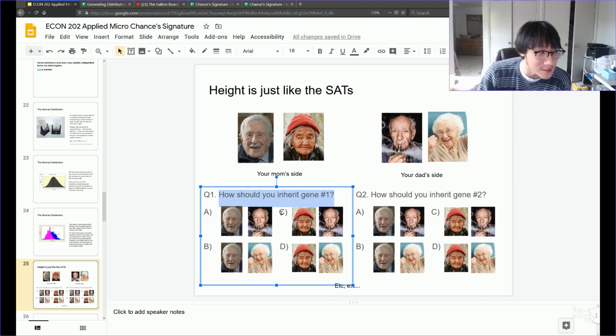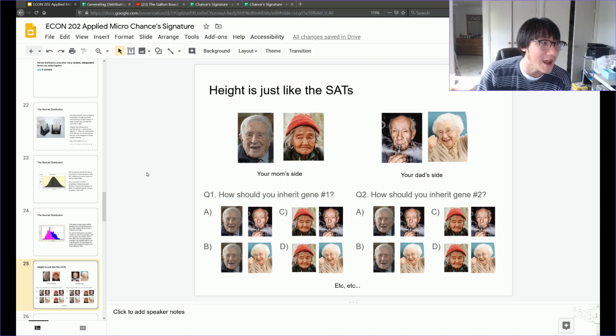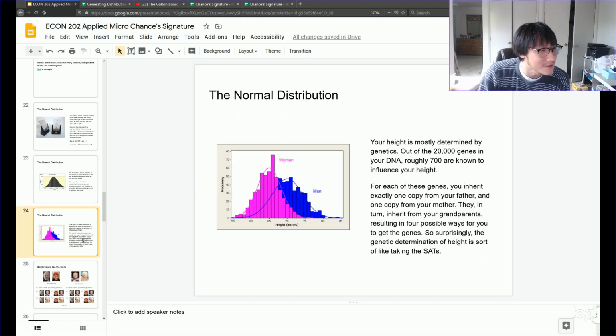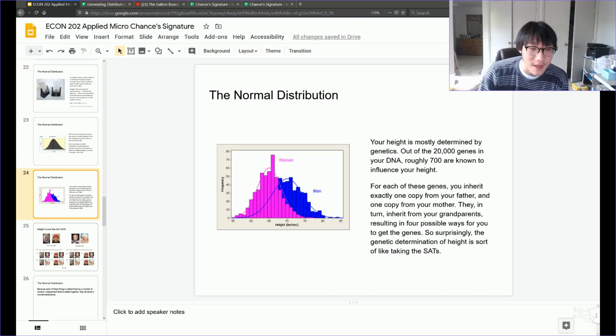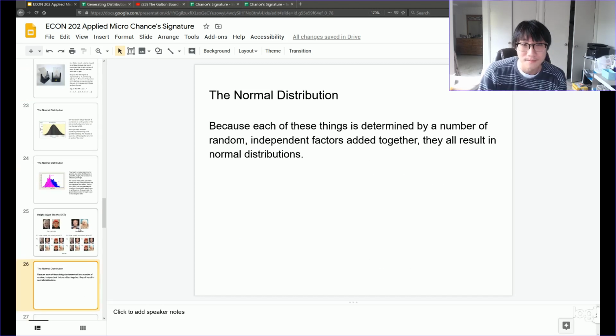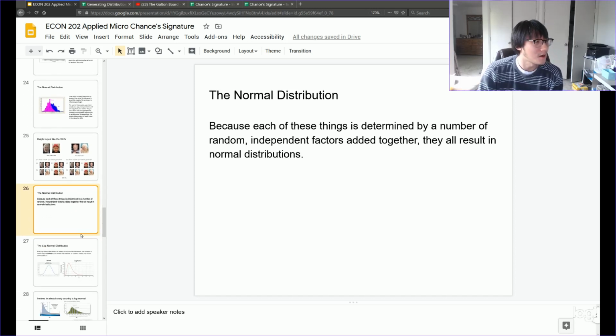And for each of those SAT questions, it chooses how that particular gene is going to be inherited, whether it's going to be inherited from one combination of your grandparents or another. So in this case, height is a lot like the SATs, and the SATs are an example of the sum of a bunch of random choices. And so once again, here with height, we have a normal distribution. Hopefully that makes sense.